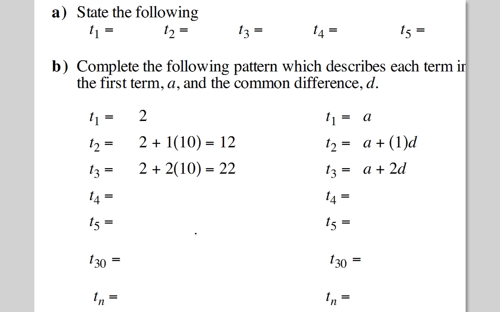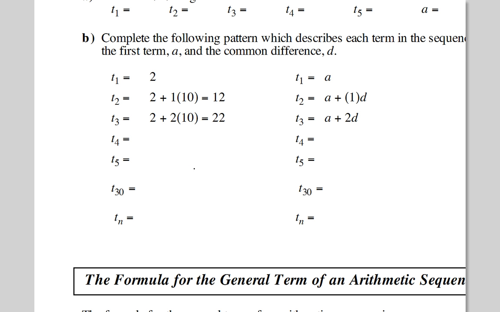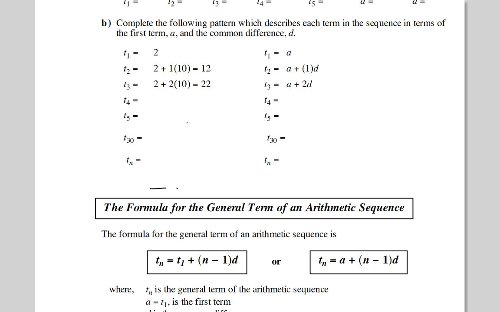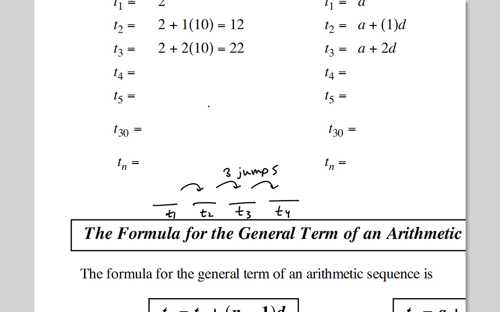So term 4, how many jumps would term 4 have? Let's just write it out: 1, 2, 3, 4. This would be term 1, term 2, term 3, term 4. How many jumps to get to term 4? 3 jumps. So notice in term 4 you have to start at the first term, you have to have a starting place.